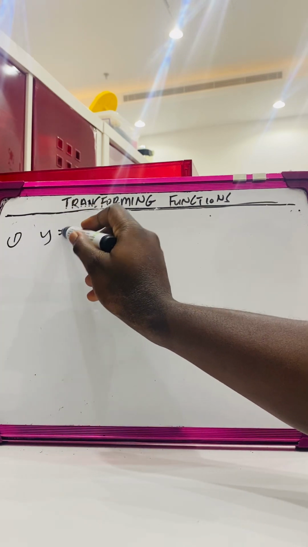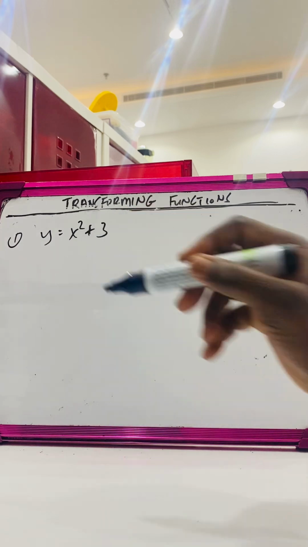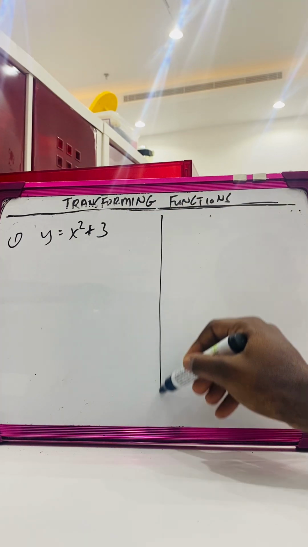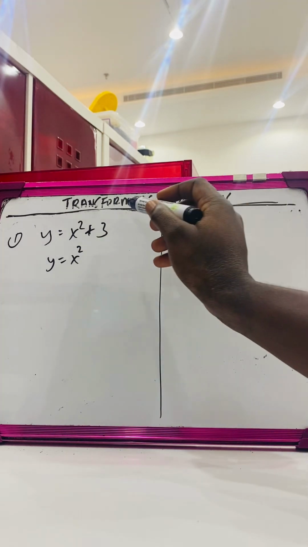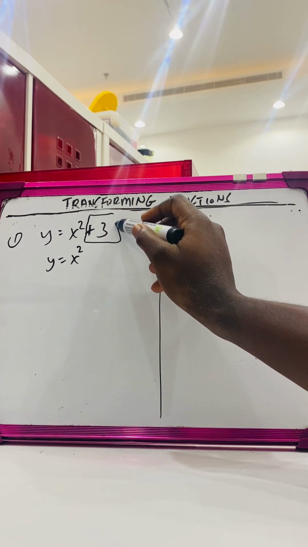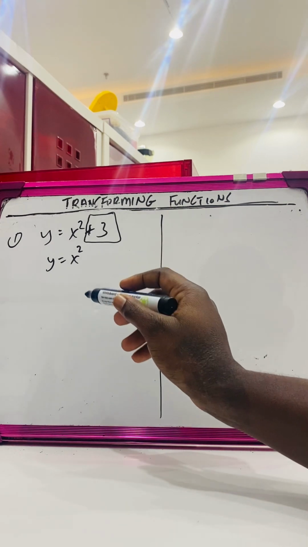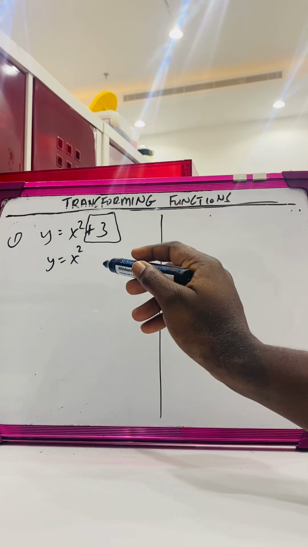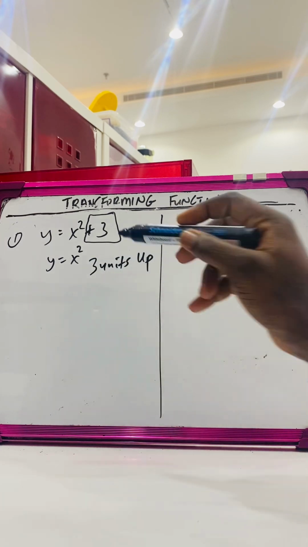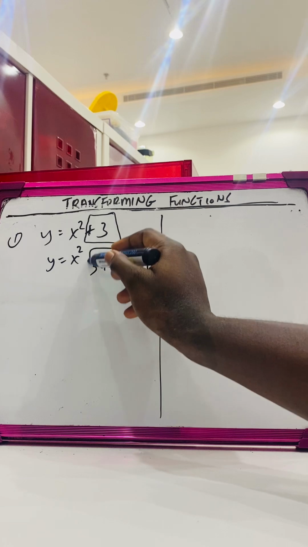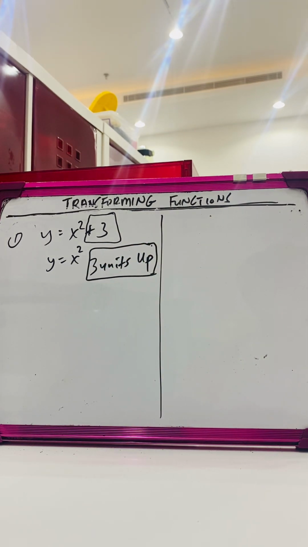Let's say y is x squared plus 3. What has been the transformation? Let's compare this to the parent function, y is x squared. The only change is plus 3. What this means is we are going to move the graph 3 units up. So on the y-axis we can move up or we can move down, we can make bigger or we can make smaller the graph.